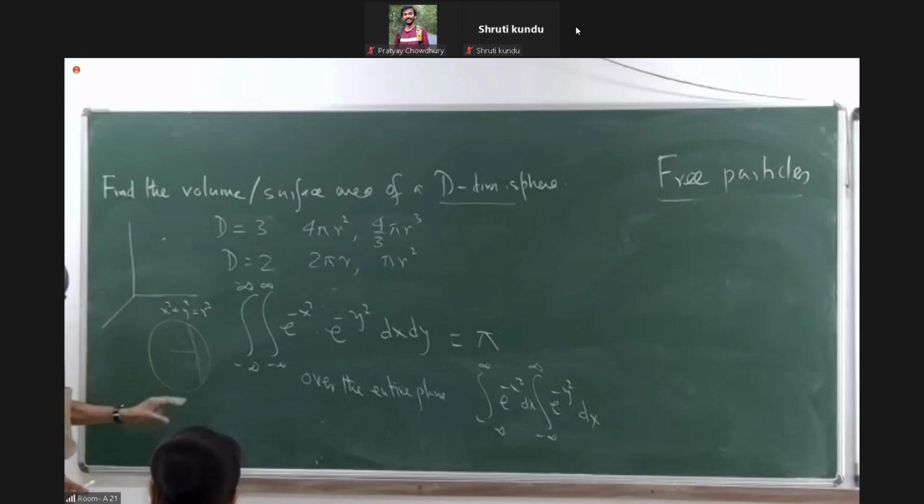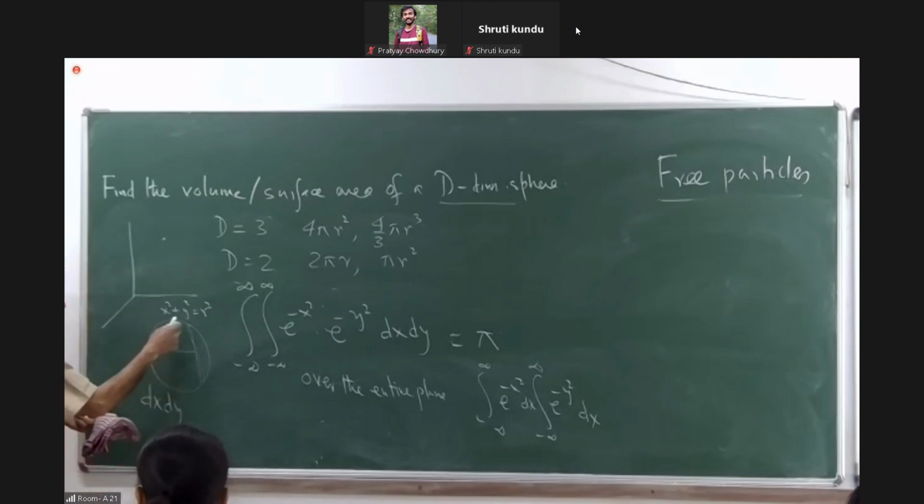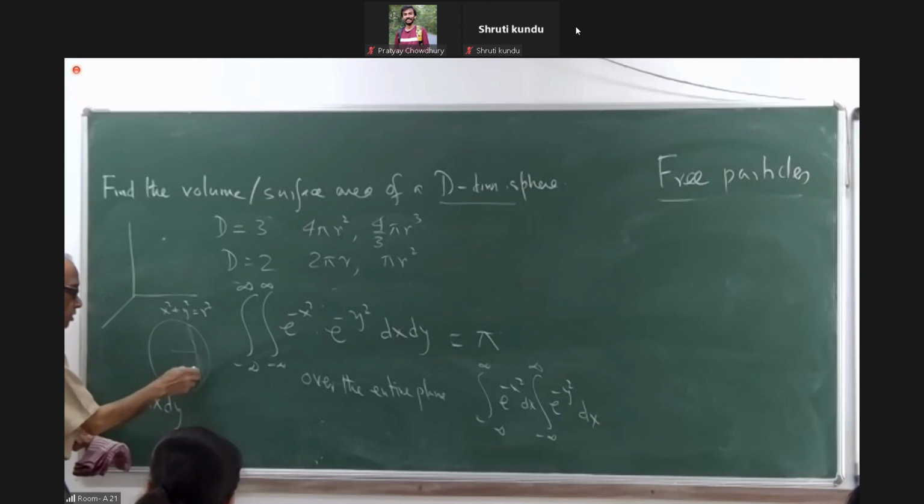I will forget this question of x squared plus y squared equal to r squared. This was to tell you that when you have done integrals like dx dy, when trying to find the area, you take a strip and then integrate over the circle.